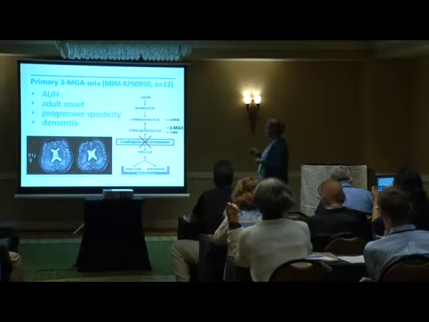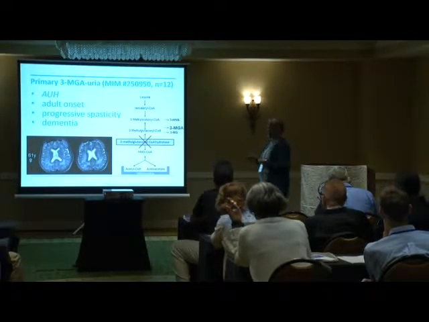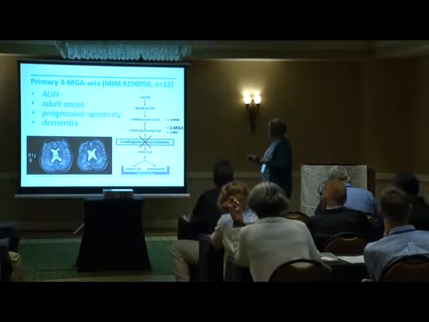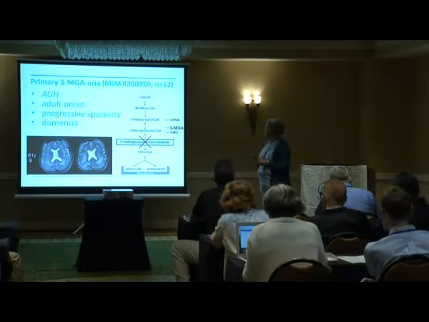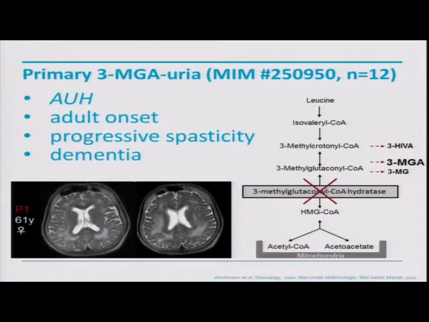This is a classical inborn error of metabolism in the leucine catabolism, and due to a defect in the enzyme 3-methylglutaconyl coenzyme A hydratase, you get elevated excretion of 3-methylglutaconic acid and 3-methylglutaric acid. What discriminates this disorder from all the other 3-MGA syndromes is an elevated excretion of 3-hydroxyisovaleric acid.